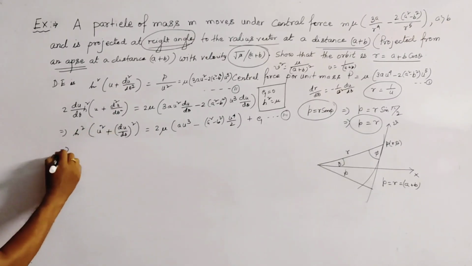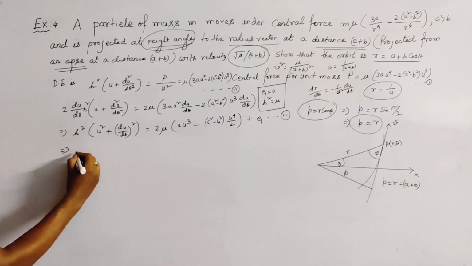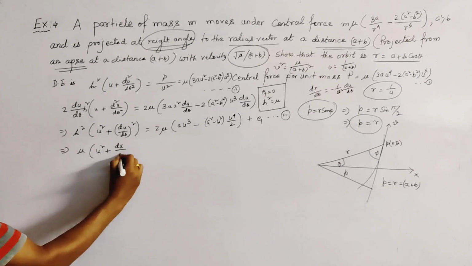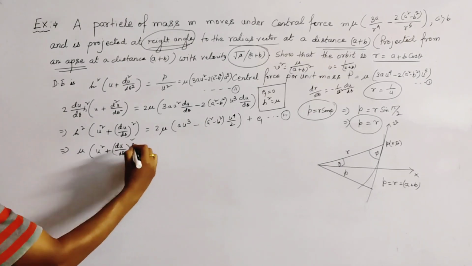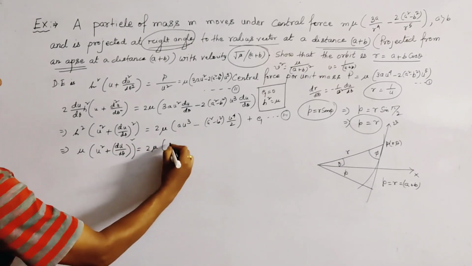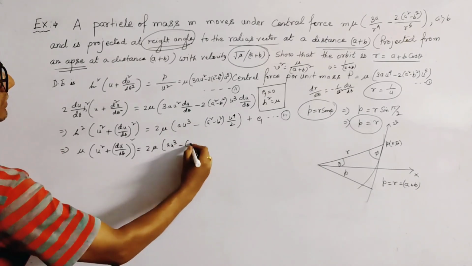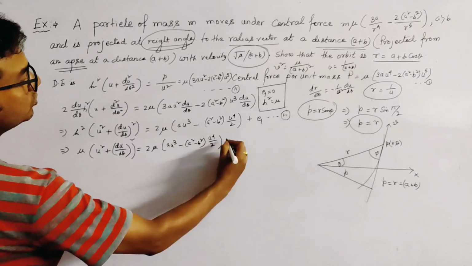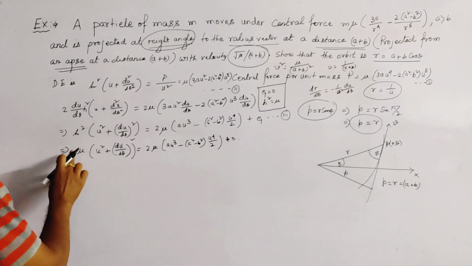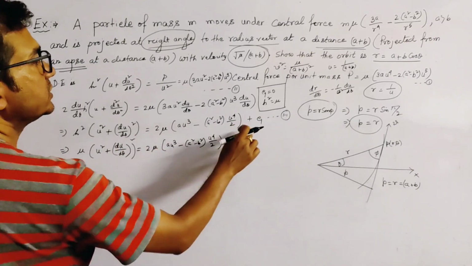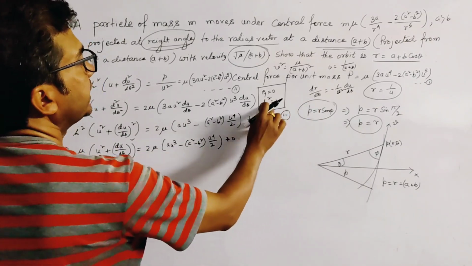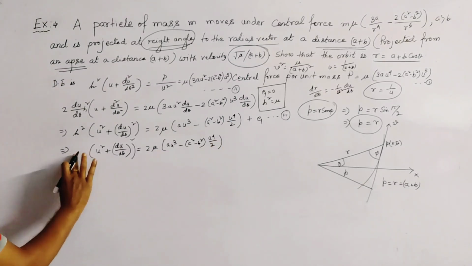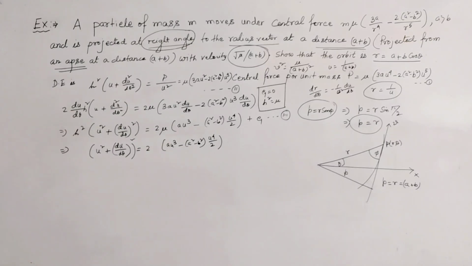From 3, we put h square equal to mu, this is mu into u square plus du d theta whole square, equal to 2 mu a u cube minus a square minus b square into u to the power 4 by 2 plus 0, because h square is equal to mu and c1 is equal to 0. We already have two relations, and we cancel out mu from both sides. This is the relation.